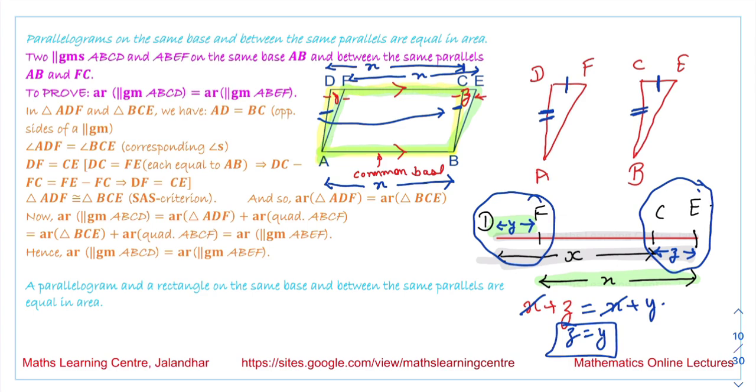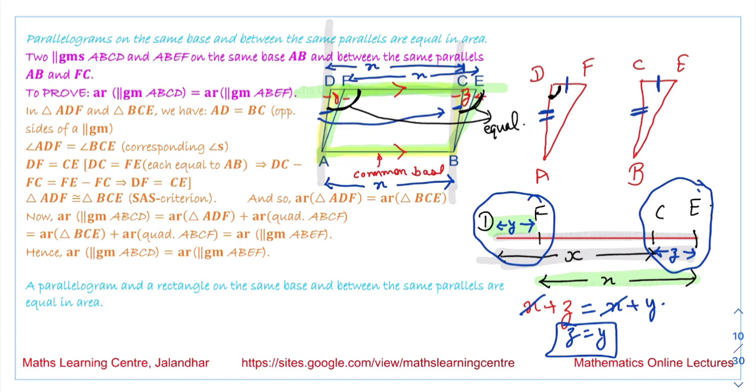Then the next thing we have is, if we are looking at these two, this is line AD and the second is BC. Then we have the transversal DC, and these angles at D and at C will be equal because these are the corresponding angles.